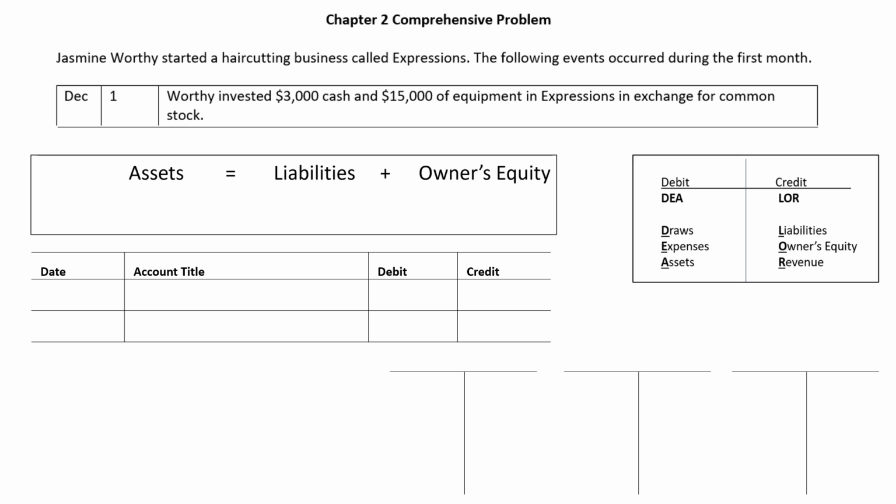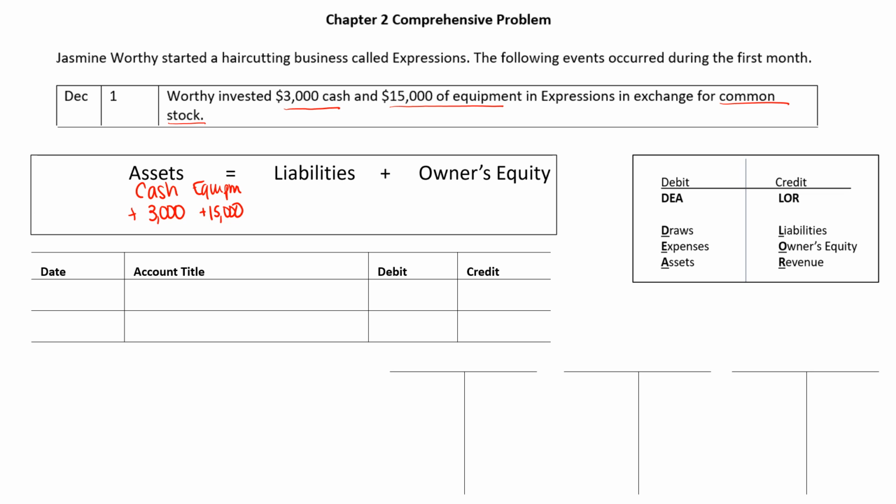So the things that are being affected here are cash, equipment, and common stock. Cash is an asset. The business's cash will be increasing by $3,000. Equipment is also an asset, and it will be increasing by $15,000.